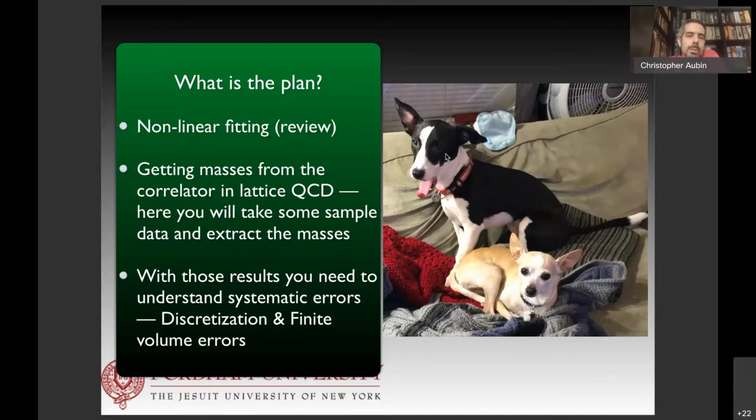And what we're going to do today is extend what you did with the effective mass plotting with Wei Wen and actually extract masses from correlators in Lattice QCD. Okay, so that's basically the crux of today for the first part this morning, and then for the entire second lecture.